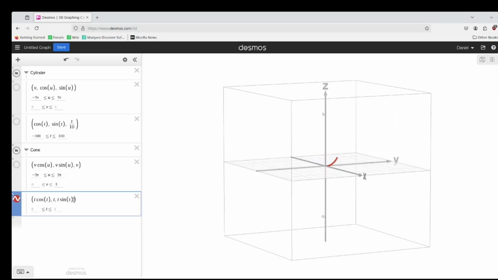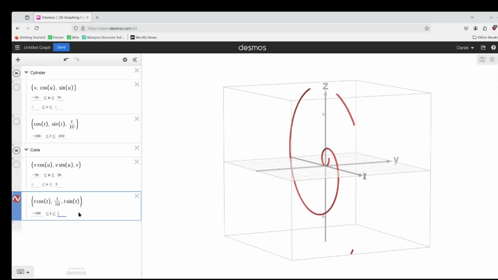Hide this so you can see this better. I'm also going to squash this by 10. I'm going to use the same range. The t that we should be squashing is the one that represents our depth.